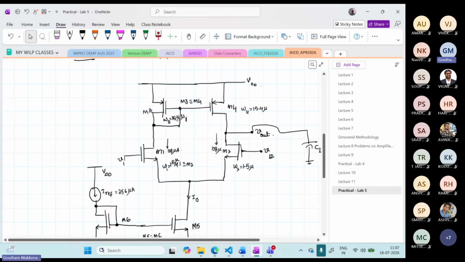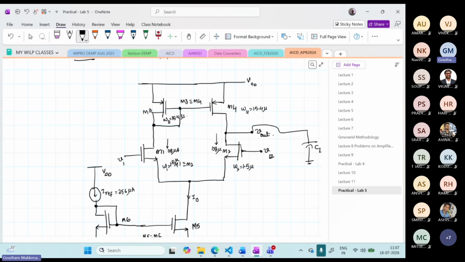Why? Because the VGS, or the voltage that you are going to apply here, the common mode voltage, should be from the gate to ground. But you got only this value, VGS is 800 millivolts is what you got.